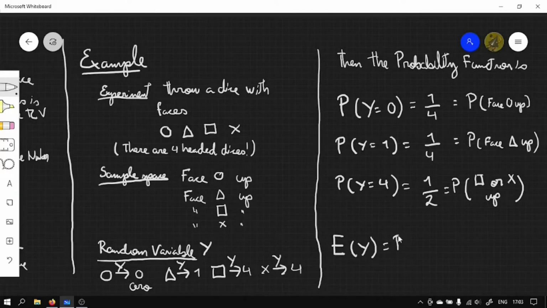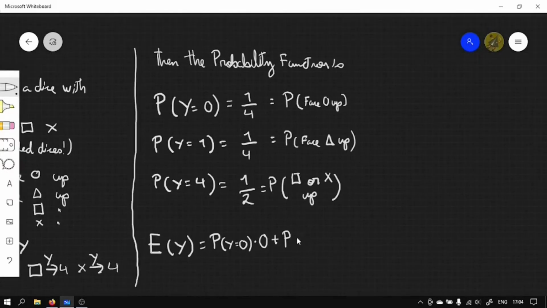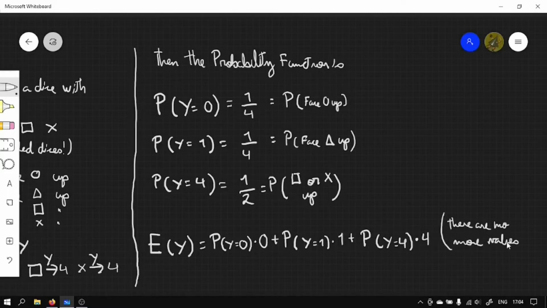Then we can compute the mean, and the mean will be the probability of y equal 0 times 0, plus the probability of y equal 1 times 1, plus the probability of y equal 4 times 4. There are only three values for the random variable. So this will give us 9/4, which is equal to 2.25.